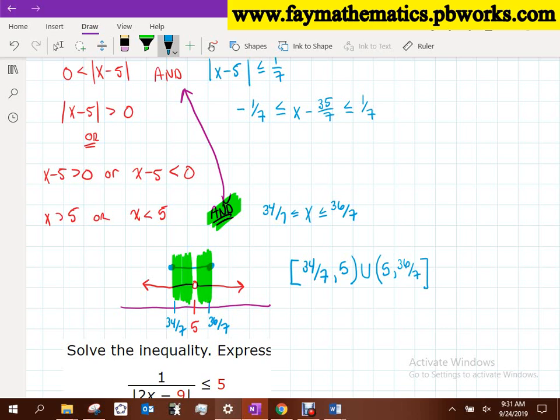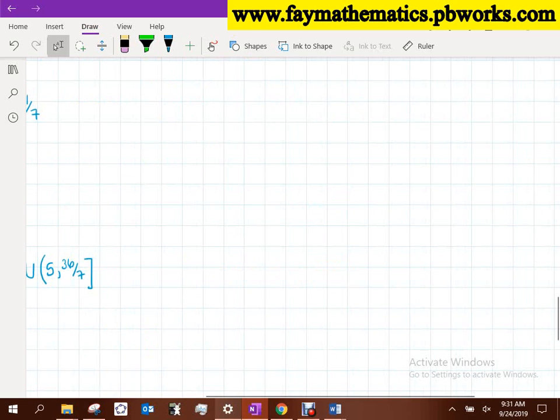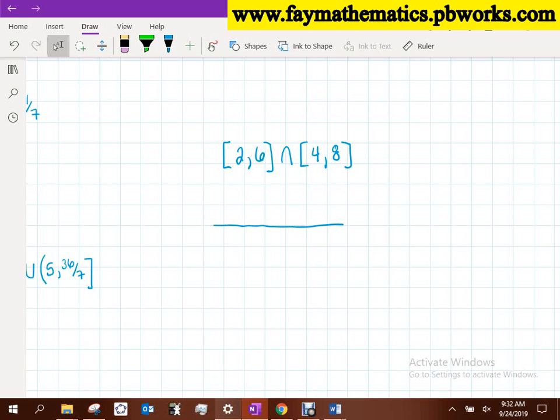Meaning if I had something like, if you wrote, let's say, 2 to 6, and we intersect 4 to 8. The 2 to 6 would be that, right?